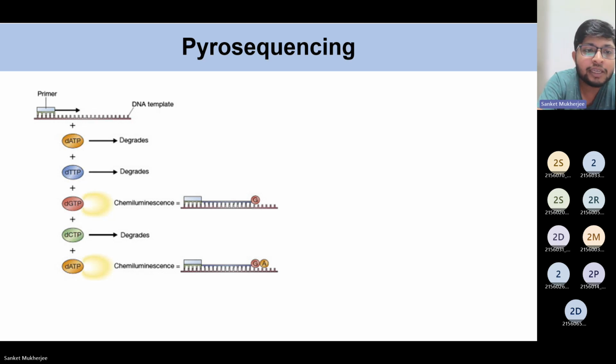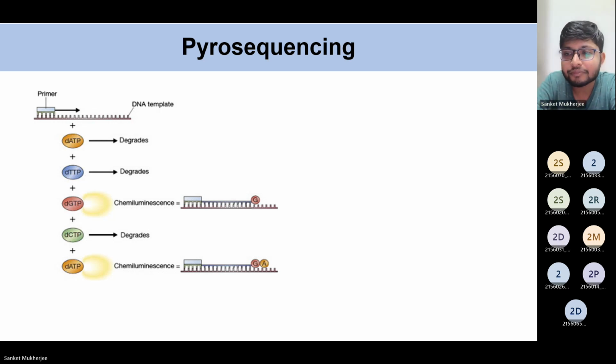A is not the complementary sequence, so it doesn't bind. So there will be no luminescence here. Then I will use an apyrase enzyme to remove the unused A's. Then I will add T and see if there is any luminescence. There is no luminescence. Then I will add G and I observe luminescence. That means G is the first sequence.